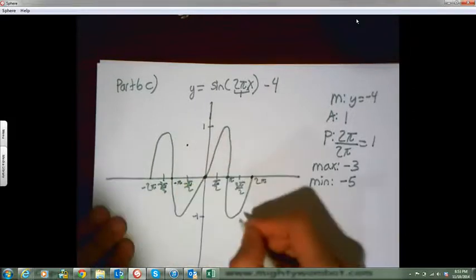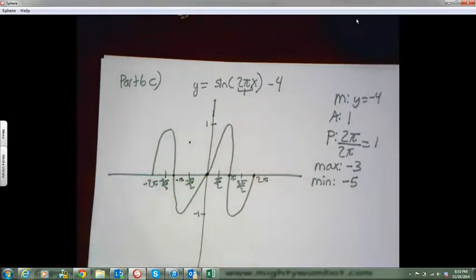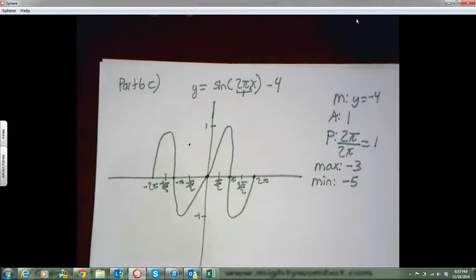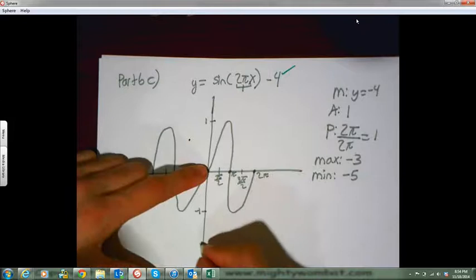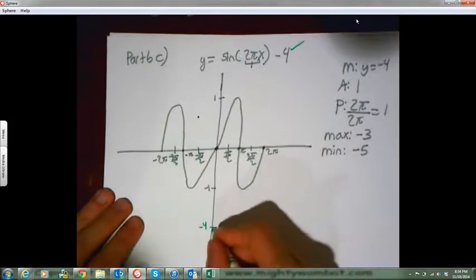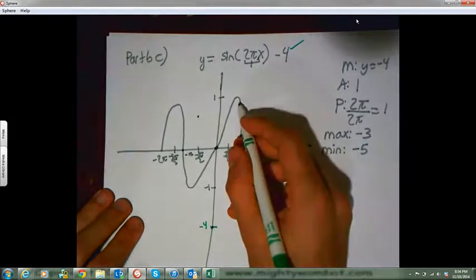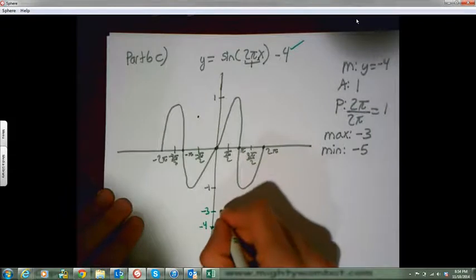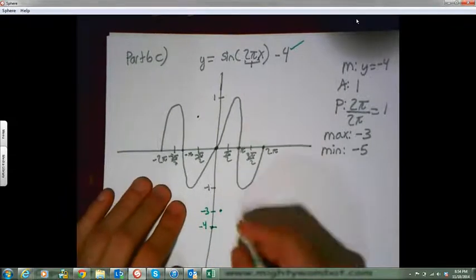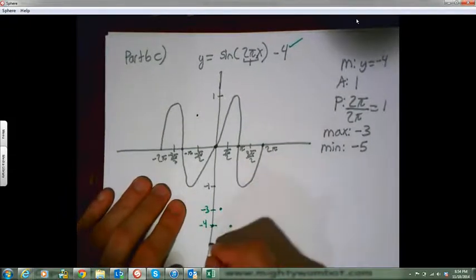Here we are. Alright, now in green, I'll take care of the -4, so I'm just going to shift everything down by 4, so this 0 will come down here to -4. This 1 minus 4 will come down here to -3. This 0 will come down to -4. This -1 will come down to -5.